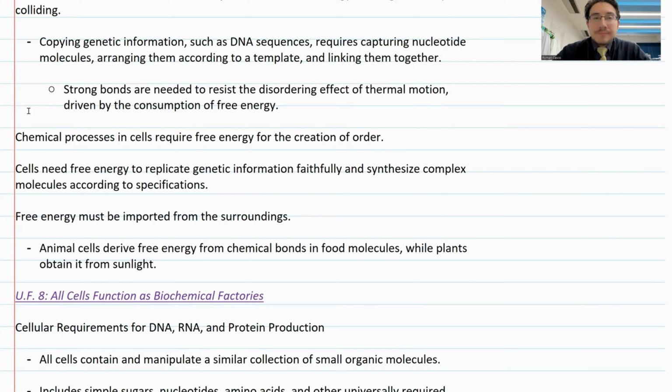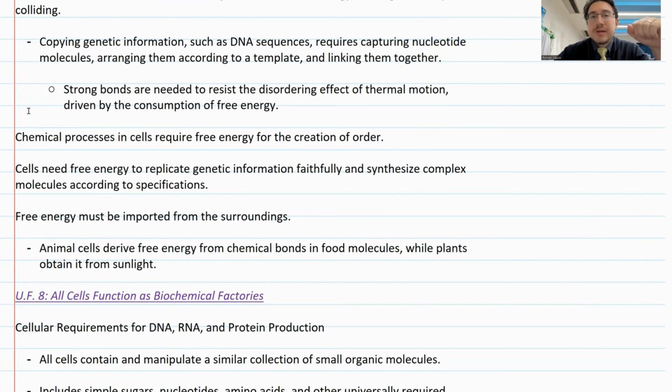Some examples where we would need this are copying genetic information, DNA replication, where you have random motion of the nucleotides that are floating around. They ultimately need to bounce into the template DNA strand to make a copy of DNA. Imagine if you didn't have that molecular motion there, nothing would get done.